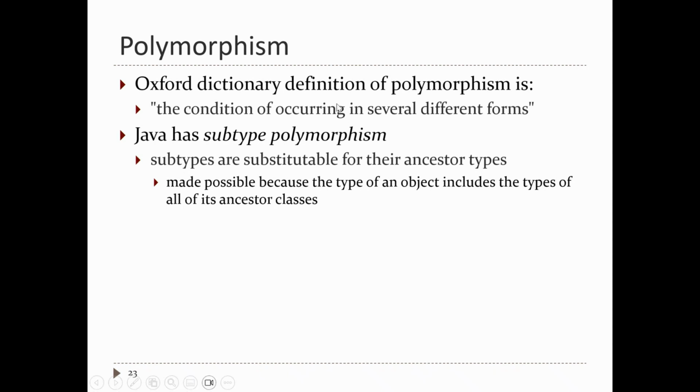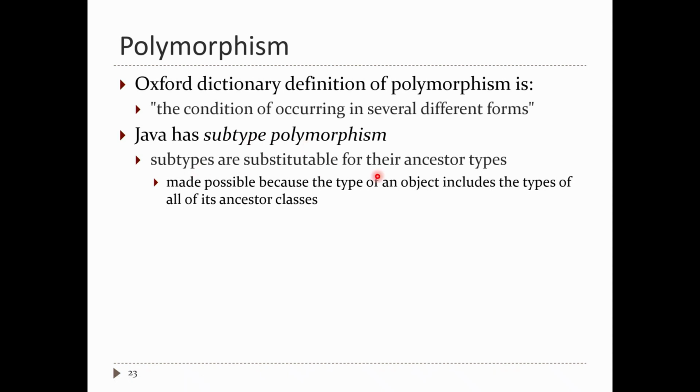As soon as something has more than one type, you get into this notion in object-oriented programming called polymorphism. If you look up this word in the dictionary, you'll see that it's the condition of occurring in several different forms. Java has what's called subtype polymorphism.